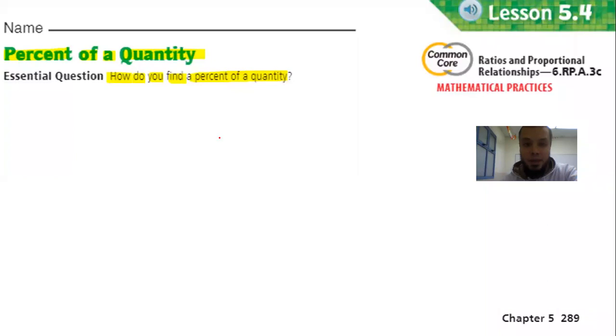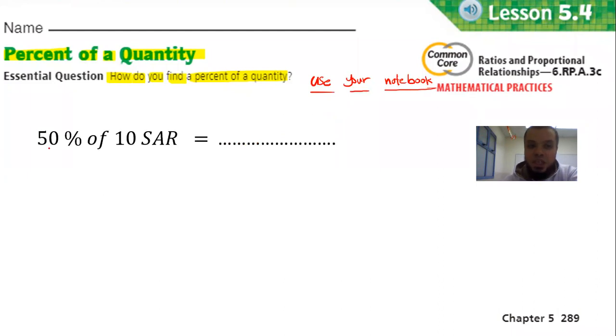The warm up that I will start, inshallah, is important before we go to the lesson deeply. Let's use our notebooks, please. Write with me the first example: 50% of 10 riyals.